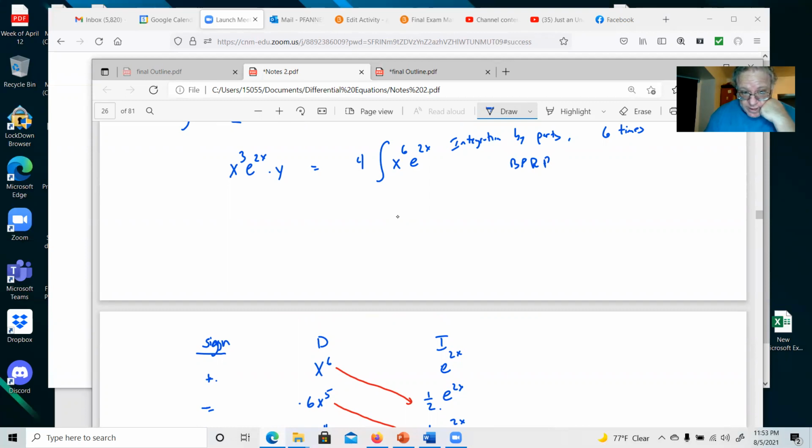All right, so this is going to be x cubed e to the 2x times y is equal to 4 times this mess.